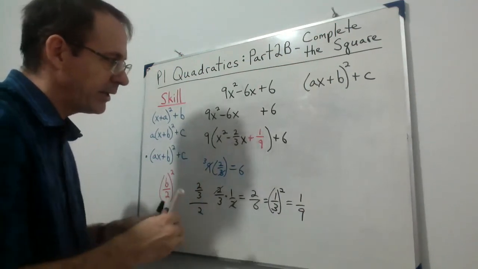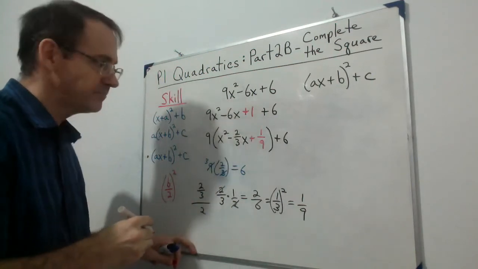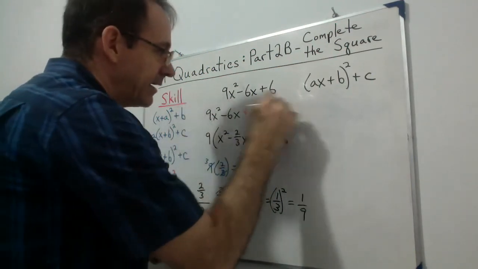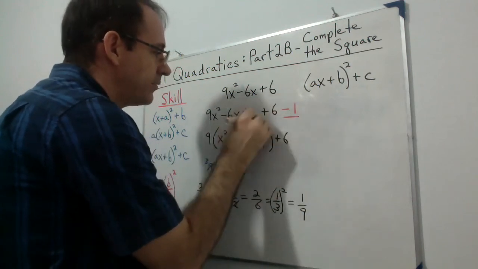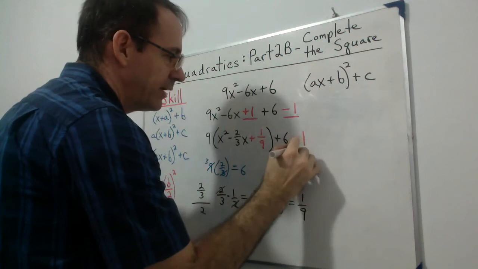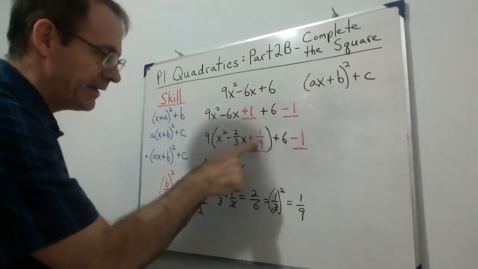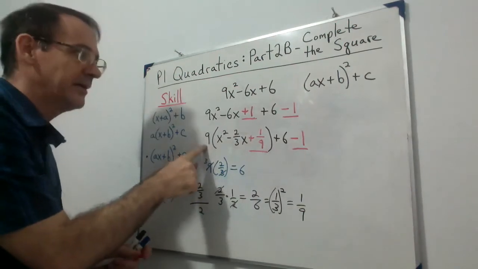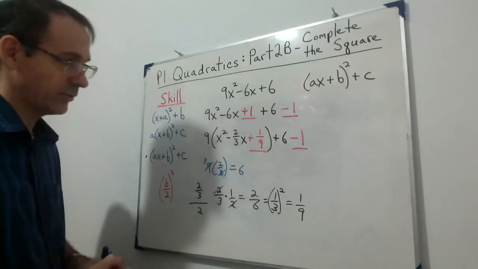So actually we only added 1 to our expression, meaning we need to equalize with a -1. So -1 is what we need down here. Okay, so we added 1/9 nine times, meaning we only added 1. We need to subtract 1 to equalize it.